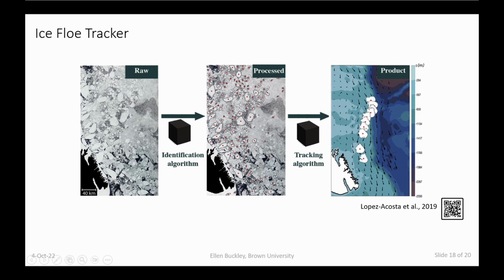Looking at consecutive MODIS images, you can track Lagrangian routes of individual ice floes, and then generate other things like a monthly Eulerian velocity field, and look at dispersion characteristics, rotation, and angular velocities. A lot of potential with this algorithm.